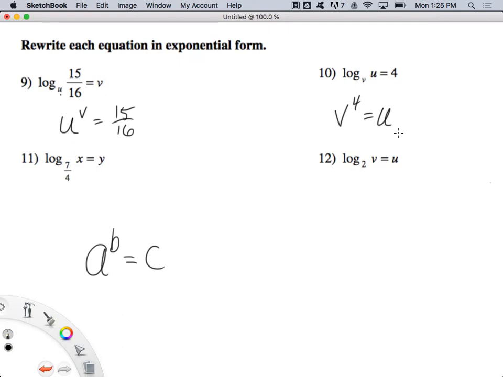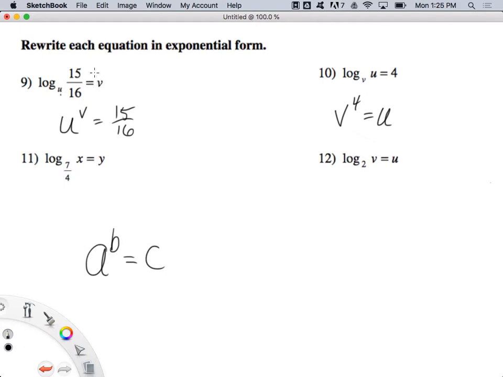Okay? So thumb, pinky, thumb, or around the world, whichever one, it's specifically for rewriting logarithmic expressions into exponential form. Can you do the thumb pinky thumb thing again? Yeah. So it would be v to the 4 equals u. Okay? All right. And remember, the logarithm always equals the exponent.